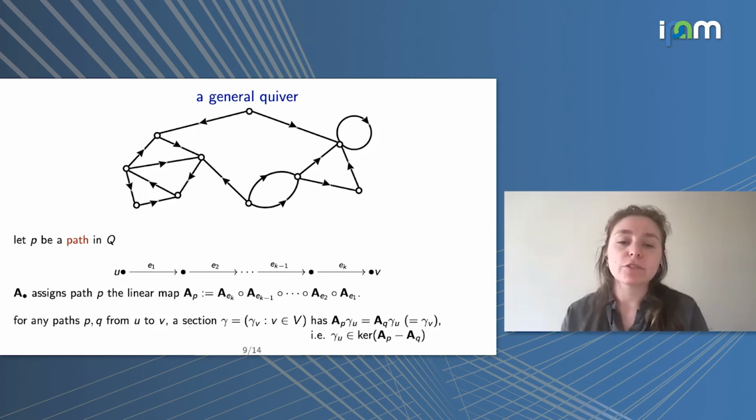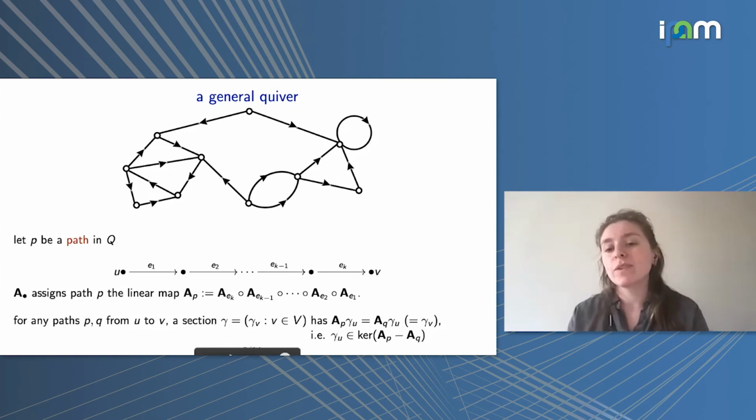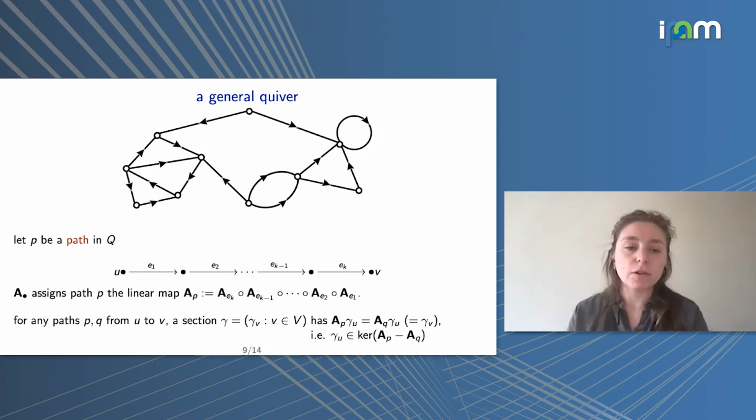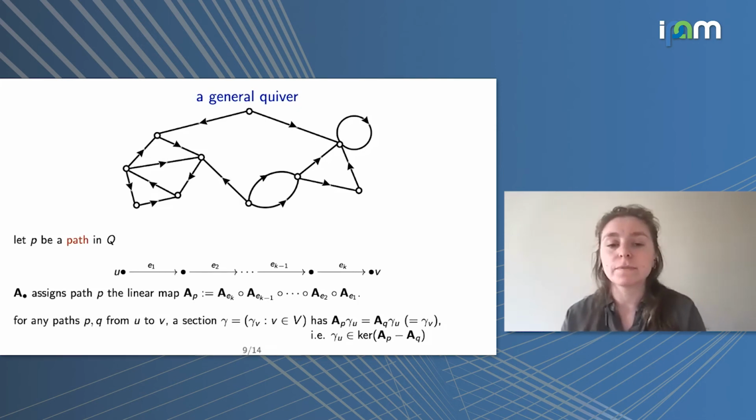Okay, and this generalizes the previous two examples. So in the loop, we have sort of a trivial path where the section is in the kernel of some matrix minus the identity. And in the second example, of the Kronecker quiver, the paths were just individual or single edges.